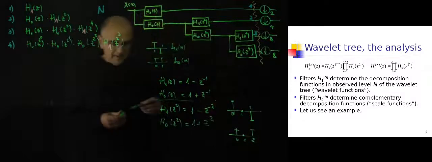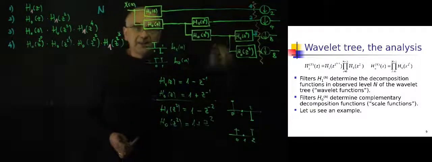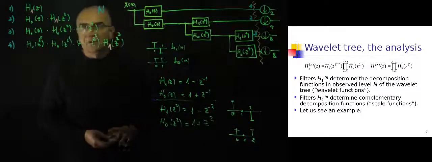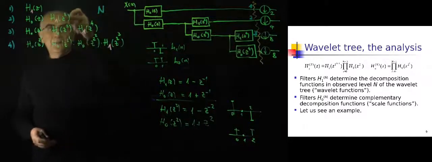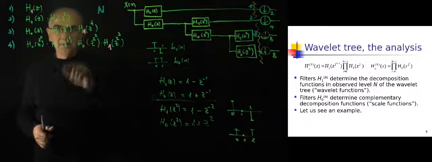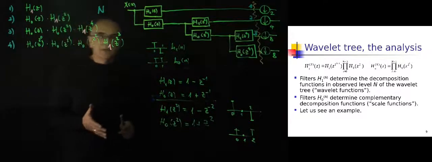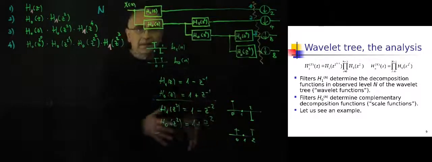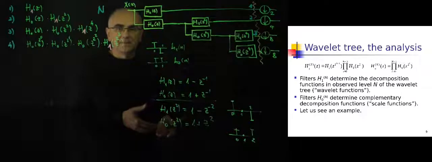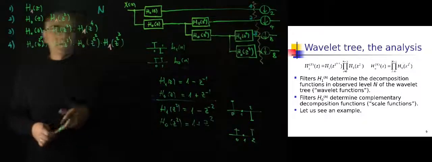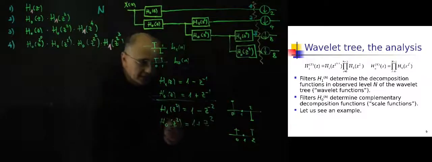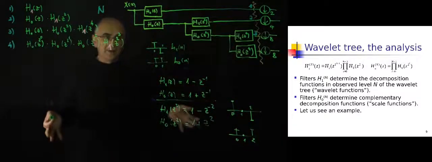Actually, it looks like somebody has inserted zeros in between the samples. So Z squared in the Z domain corresponds to inserting zeros in between the samples. If we have Z to the power of 4, it's only inserting more zeros.